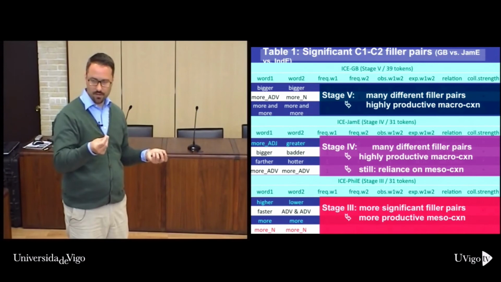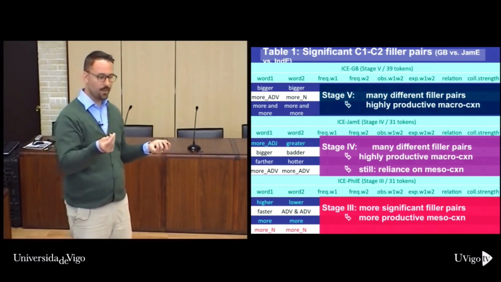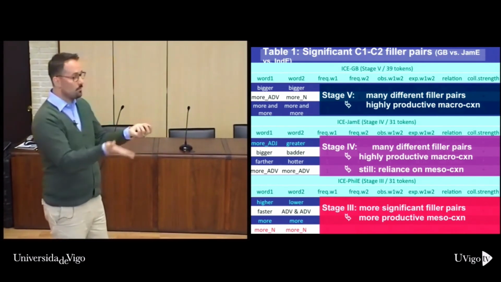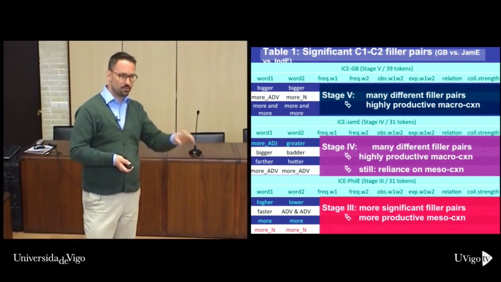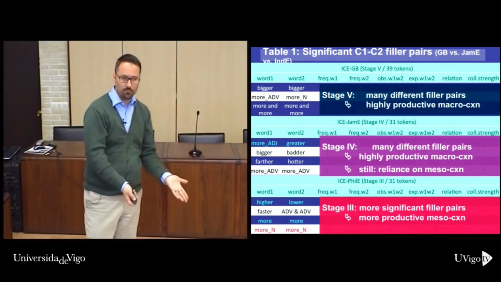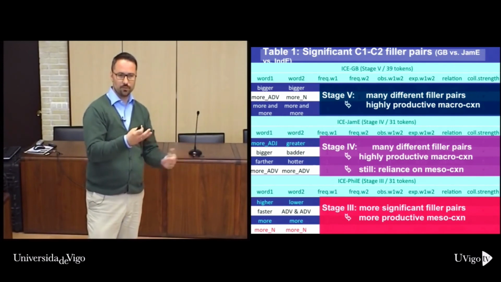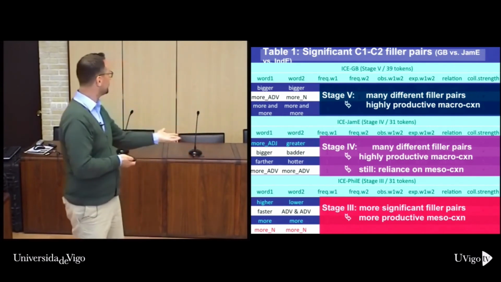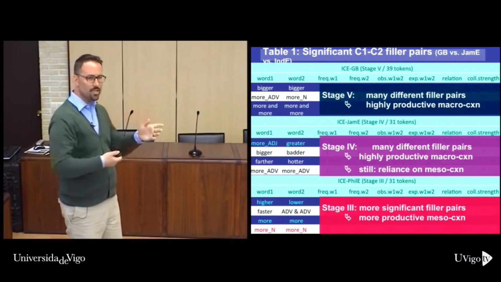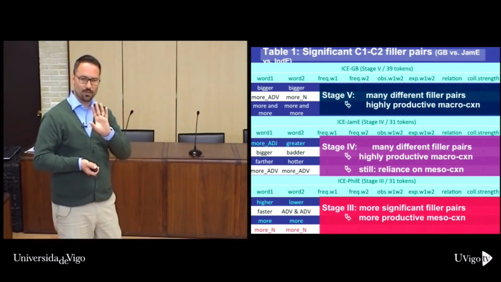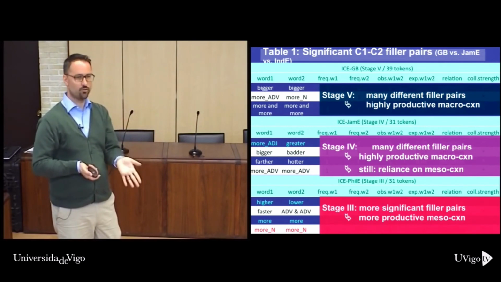So you see that reliance more again on these specific meso constructions. And for stage 3, what I assumed is many more meso constructions, because those should be more important for those varieties, because of the input, they don't generalize to the macro construction. And so many more of these intermediate substantive schematic constructions should play a role.